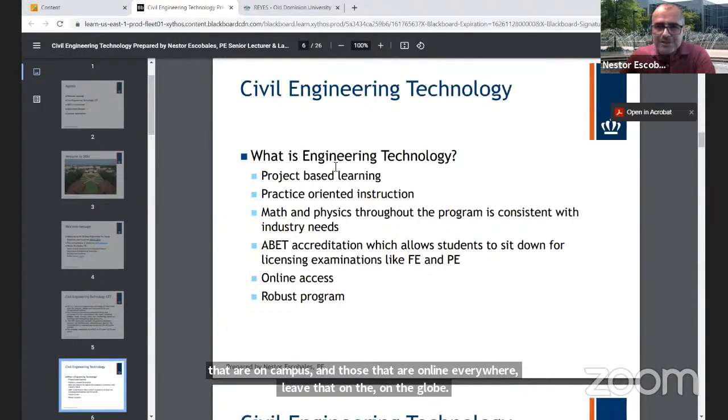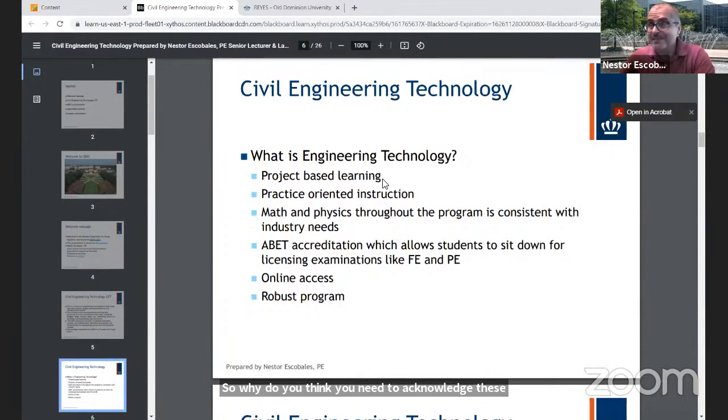So what is engineering technology? It is project-based learning. That means that we would work on a project, and as you do the project and you have the requirements of that project, you are actually learning about the mechanics of it. So that's why we call it project-based learning.